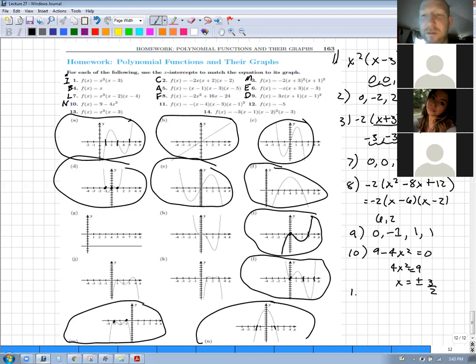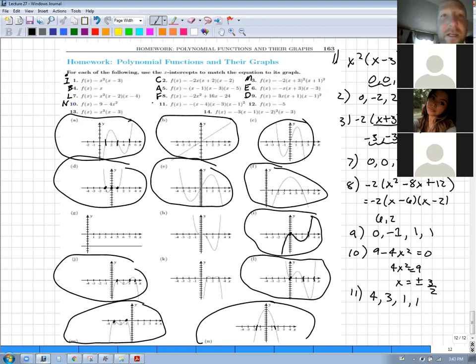Number 11, let's see. We have an x - 4 in there, so we have a root at 4, and x - 3, and then an x - 1 squared, so 1 and 1. So it's touching at 1, crossing at 3, crossing at 4. That'd be this one. Touching at 1, crossing at 3, crossing at 4.